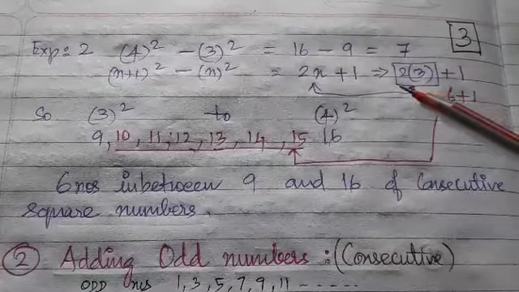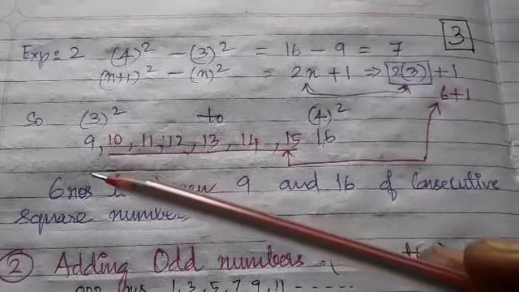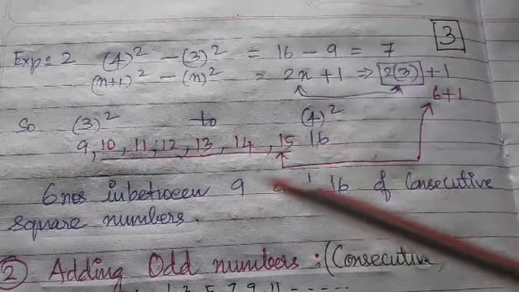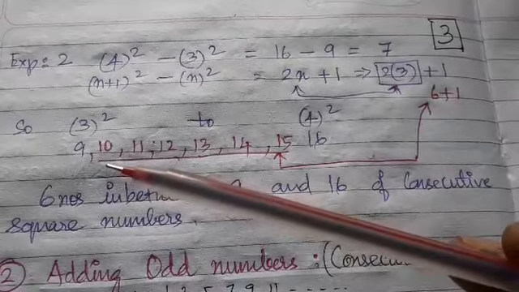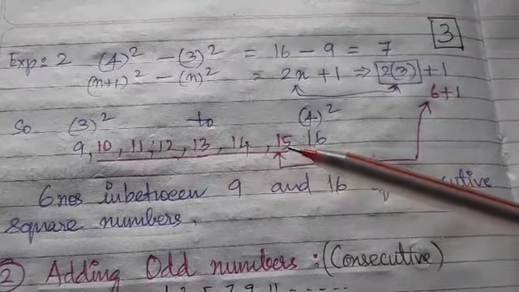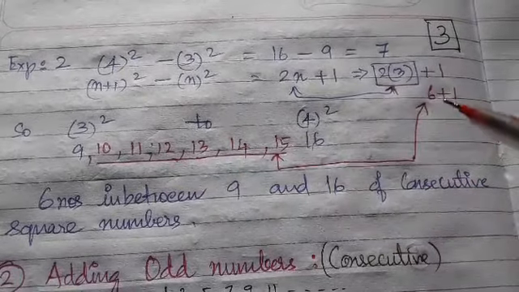That means what I told you, the 2n portion is the non-perfect square numbers. You see 3 square is 9, 4 square is 16. In between these two perfect square numbers, you see 10, 11, 12, 13, 14, 15. How many? 6 are there. As per the formula, 2 into 3 is 6.